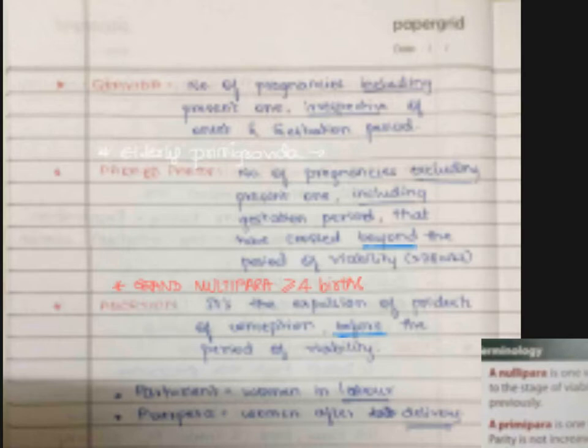Abortion is the expulsion of the products of conception, that is the fetus, the fetal membranes and the placenta, before the period of viability. It can be of two types: either spontaneous abortion, or induced abortion. It can also be classified as complete, incomplete, or inevitable type.